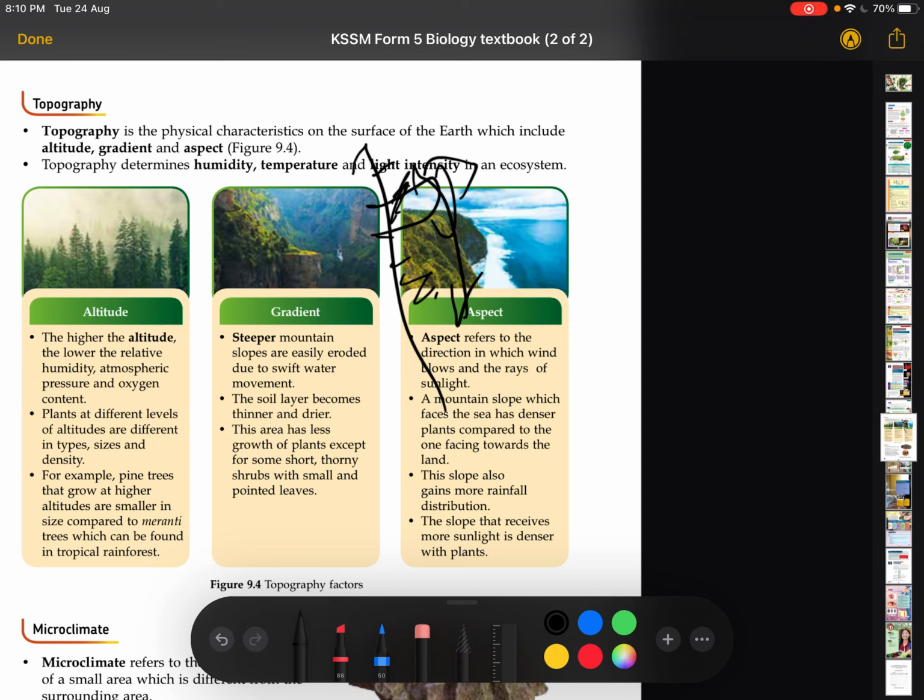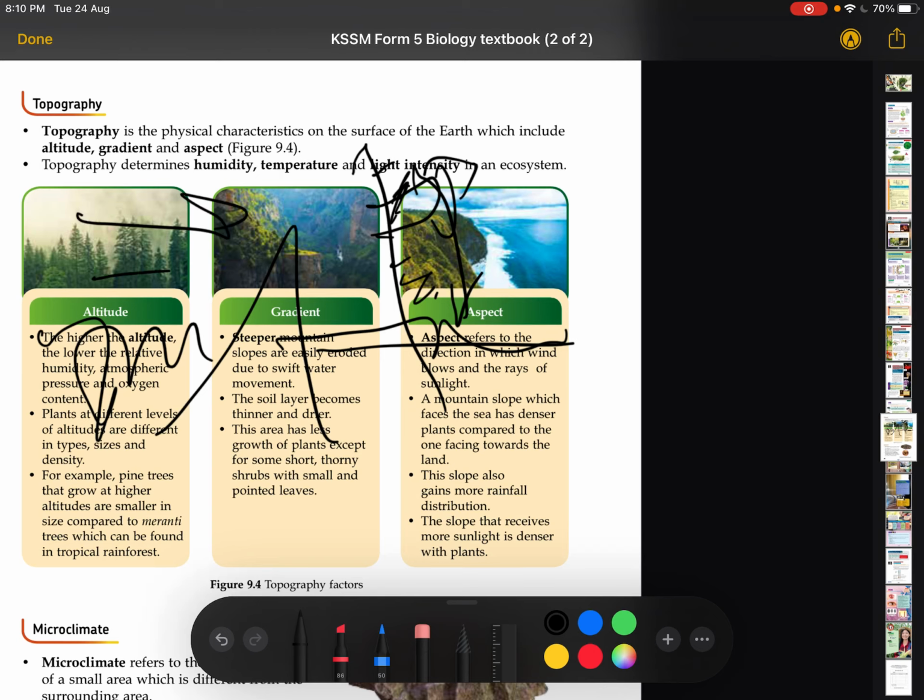And lastly will be aspect. So aspect is basically where the wind blows and whether it will receive sunlight or not. For example, if I were to compare the east coast and the west coast, if I have a mountain slope, and then I have this region with sea, and this region with land, the wind will blow in this direction, but the mountain will block this part, so there'll be less wind and rainfall here.